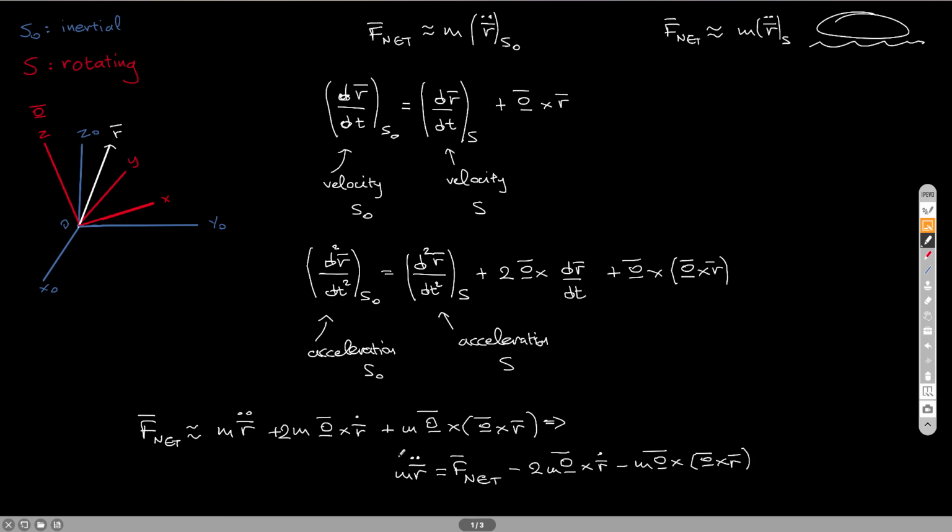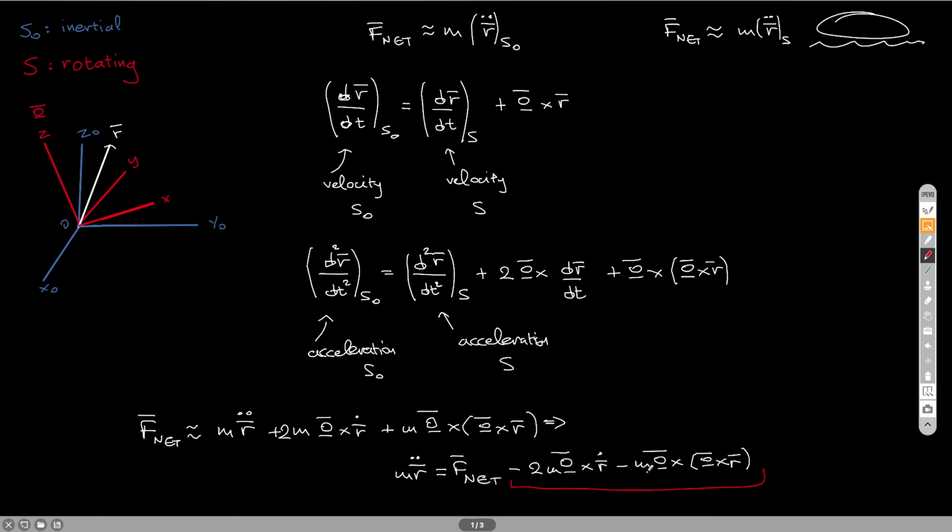Okay, so we are used to mass times acceleration equals the net force, and we have that in the rotating frame of reference. But in addition to this, because our frame of reference is rotating, we also need to add those two terms.